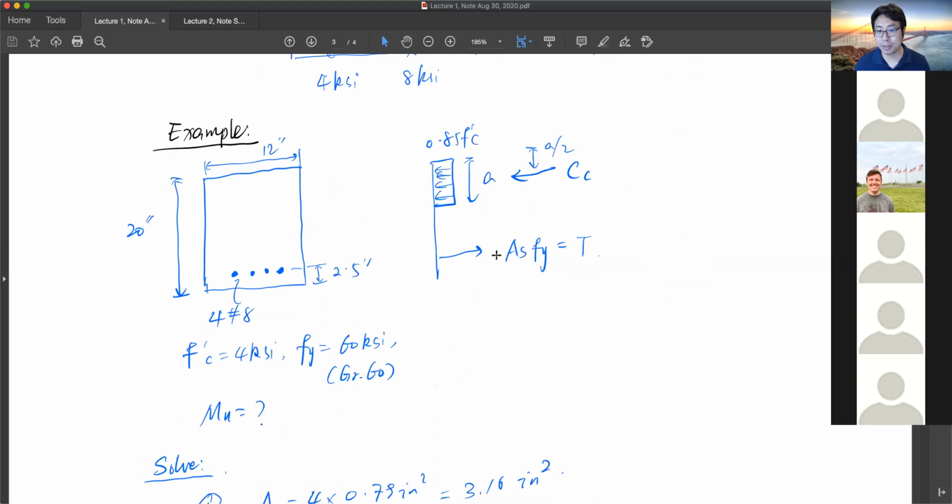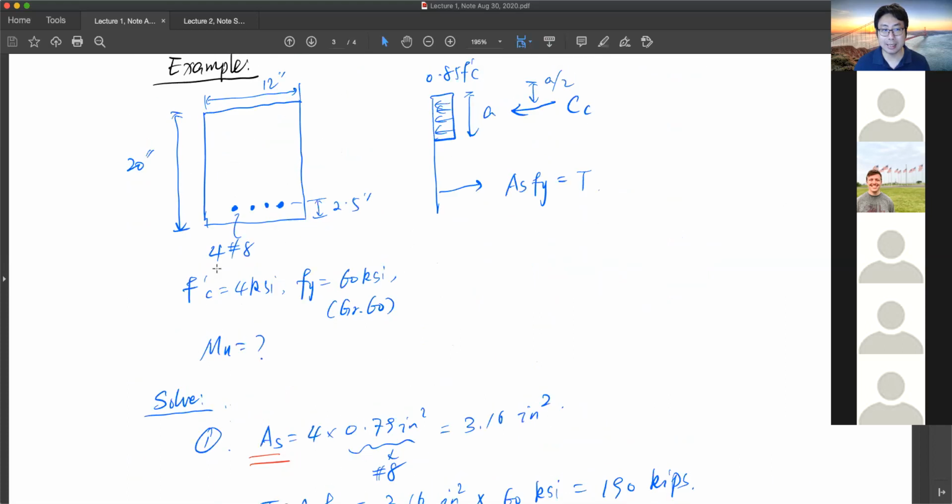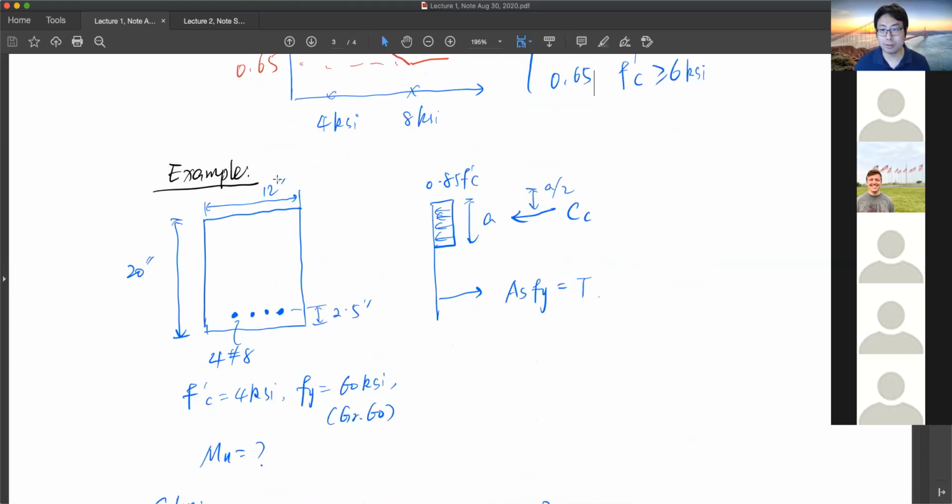I have an example here that I didn't go through last time, so let me quickly go through it. I have a beam with a rectangular shape, a width of 12 inches, a height of 20 inches, and 4 number 8 bars at the bottom.